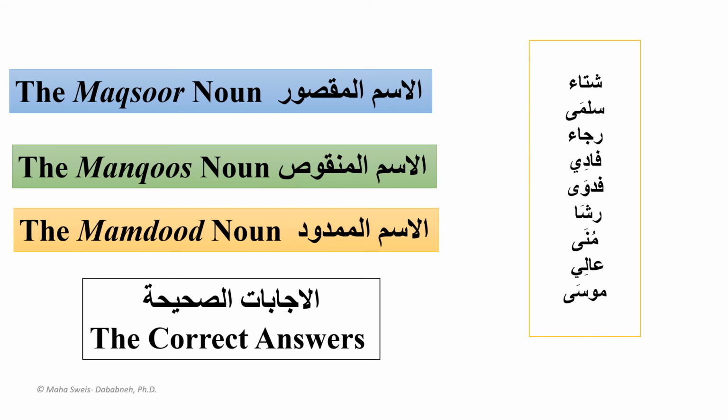I hope you got it correct. شتاء, همزة preceded by ألف, الاسم الممدود. سلمى, broken ألف preceded by فتحة, the first kind, الاسم المقصور. رجاء, the same as شتاء, همزة preceded by ألف, ممدود. فادي, يا preceded by كسرة, منقوص. فدوى, again broken ألف preceded by فتحة, مقصور. رشا, ألف preceded by فتحة.